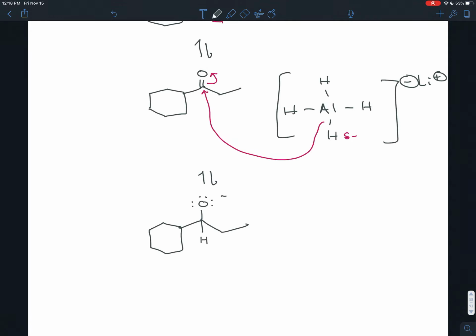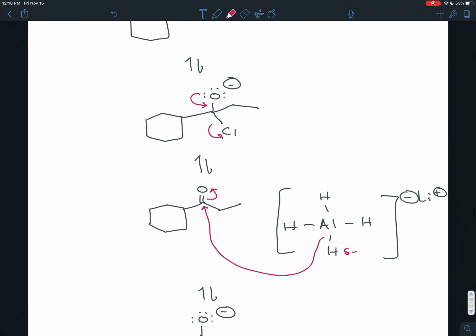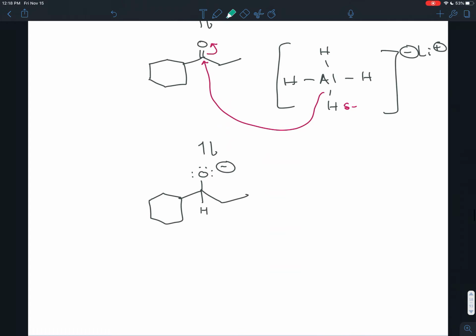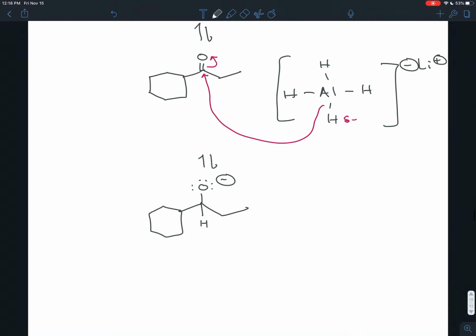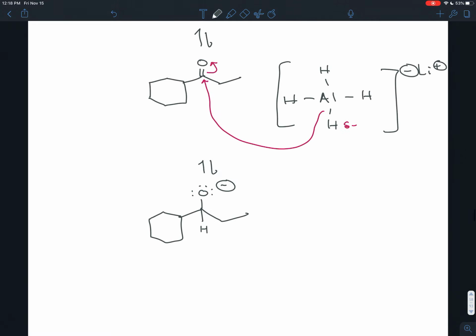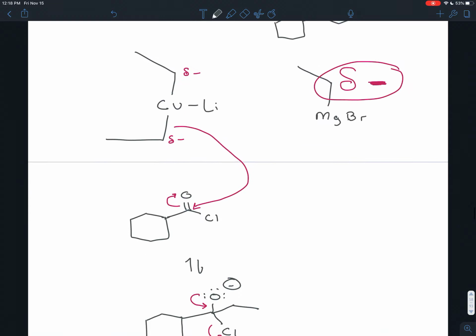But here, there's no good leaving group, unlike before. Before we had a chlorine that the negative oxygen could kick off. Here, none of these things are going to get kicked off. Carbons and hydrogens are terrible leaving groups. So the best we can do is add a water to stabilize this negative charge with a proton transfer.